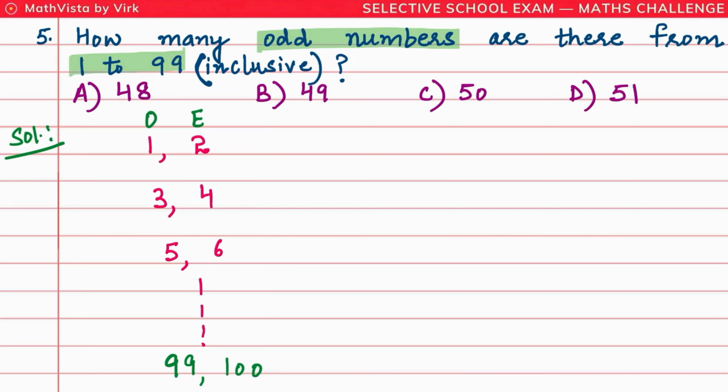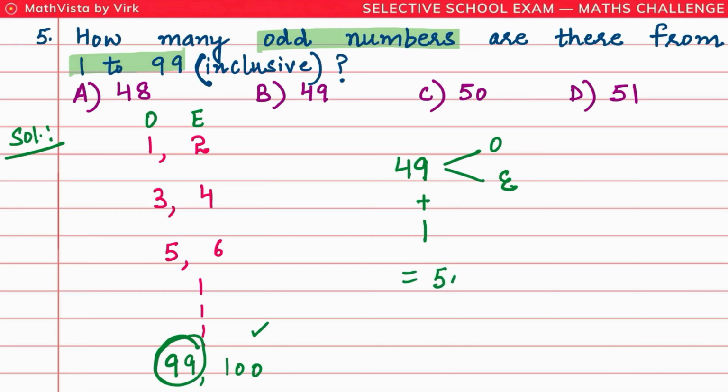So how many pairs should be there from 1 to 98? Obviously 49 complete pairs, again one odd and one even number. And the next, 99, is also an odd number. So we are adding one more.